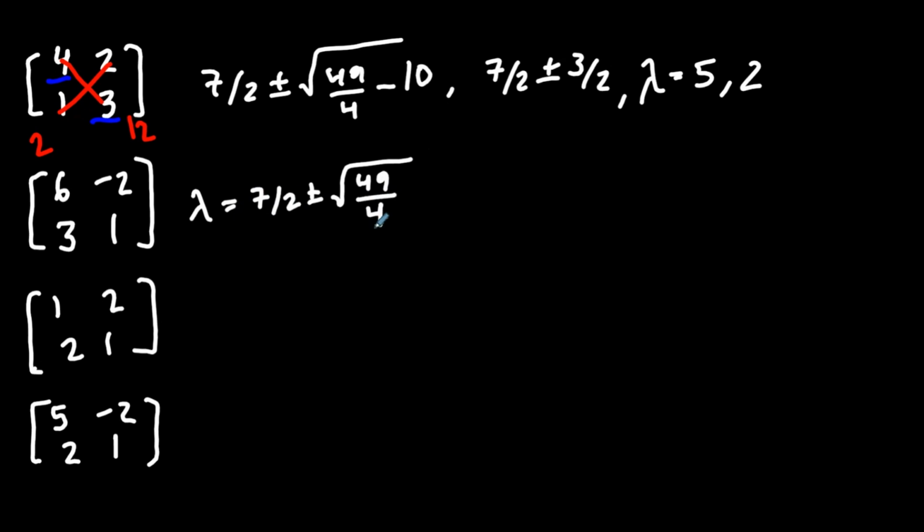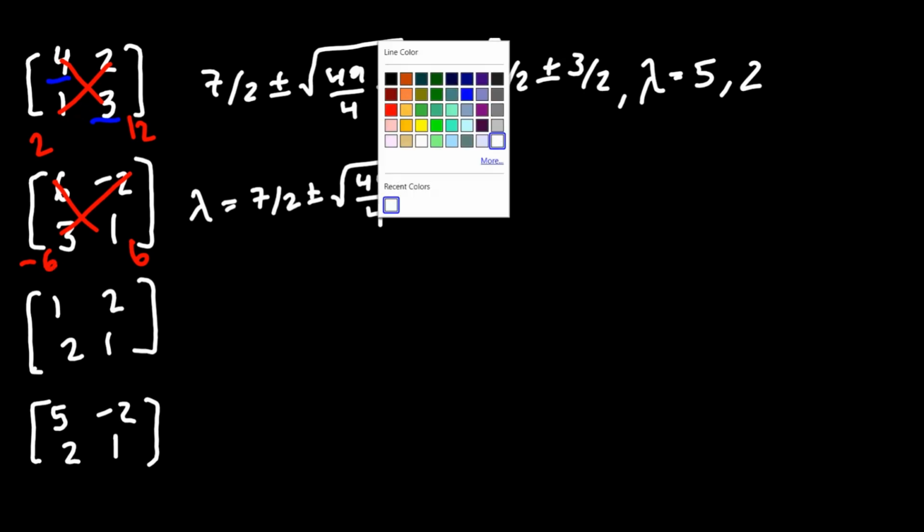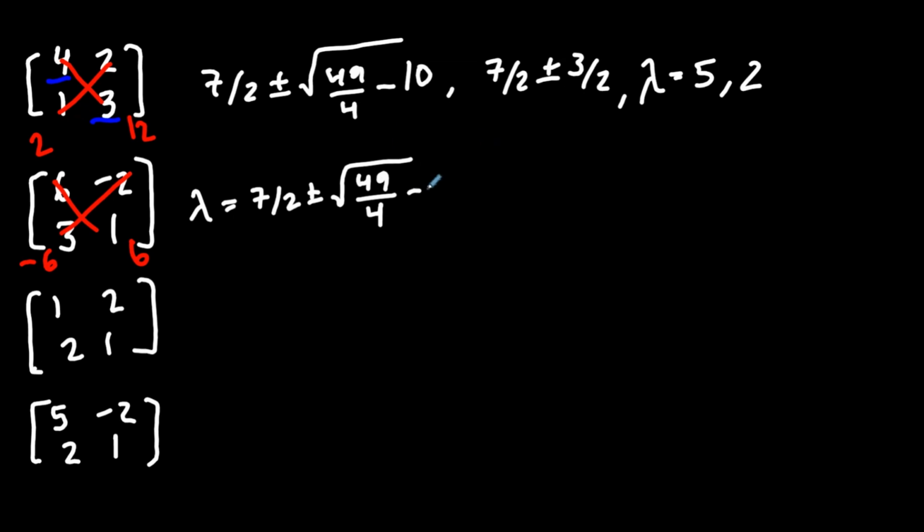And then we're going to subtract the determinant. The determinant here is 6 minus -6, so in total that comes to 12. So we're going to subtract 12.